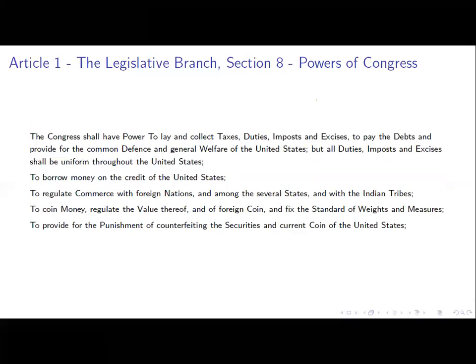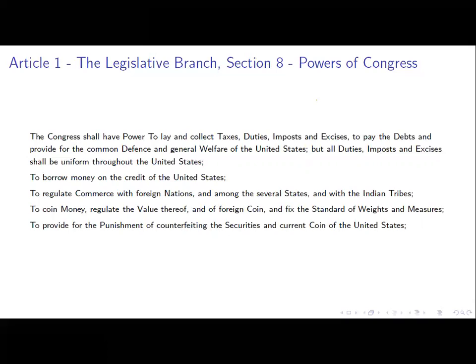So one of the key things in the United States, there are 3 branches of government: the executive, the legislative, and the judicial. Spending resides in the legislature, and the legislature has the sole power to tax, spend, and borrow. All taxing revenue has to come out of the House of Representatives, or from the people.